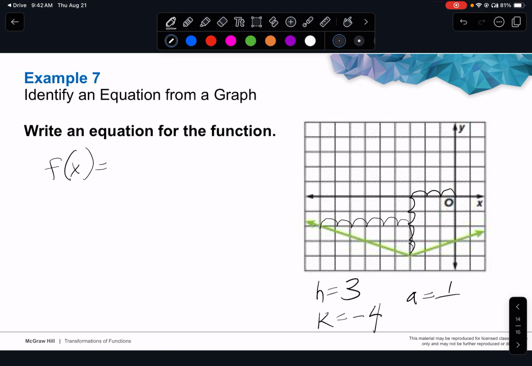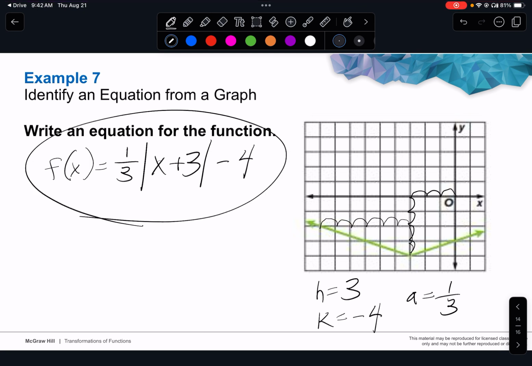So my a value is going to be 1/3. Okay. So then I'm going to have 1/3 times the absolute value of x, and my h value is going to be x plus 3, and then minus 4 because of my k value, and that's going to be my equation for this graph.